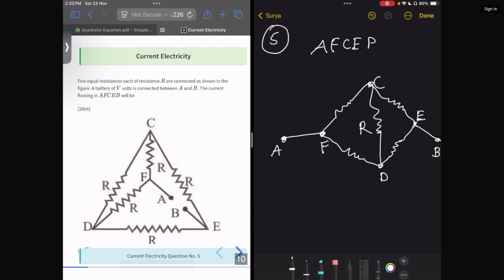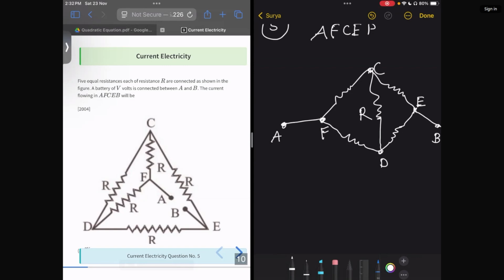So we are asking what is the current flowing in AFCEB. So in the upper part, what is the current flowing? We will see everything is R, R, R, R. So here there is an FCED Wheatstone bridge. R by R is equal to R by R. So it is a Wheatstone bridge, and there is no current flowing in CD. So we can remove it.